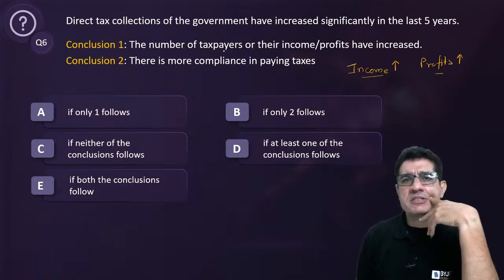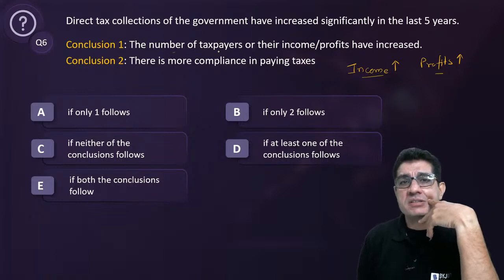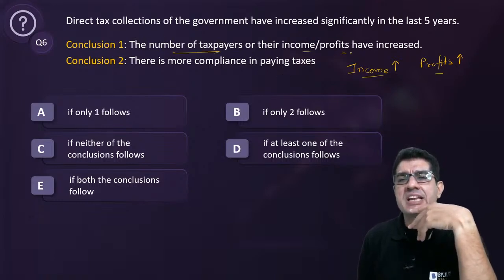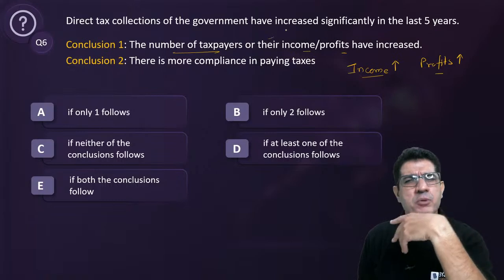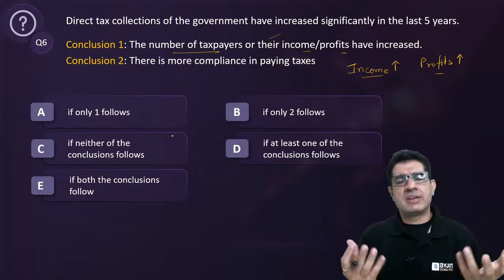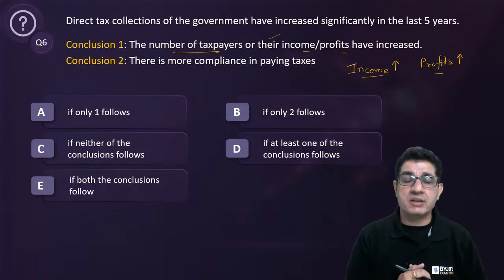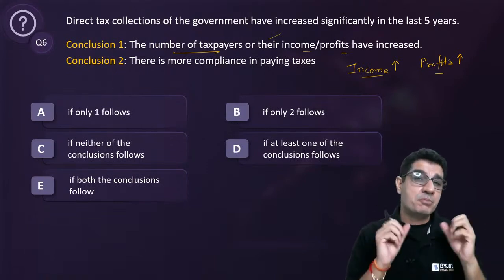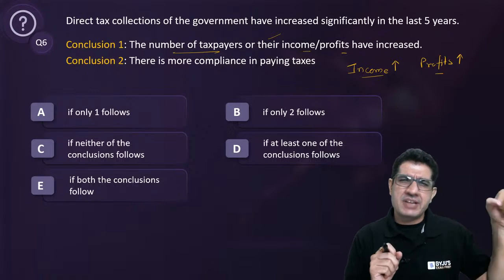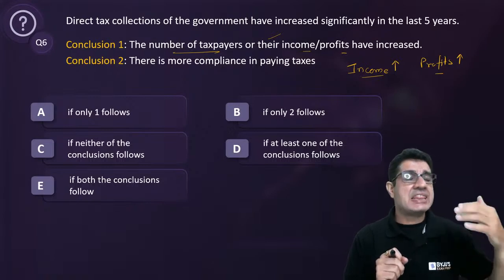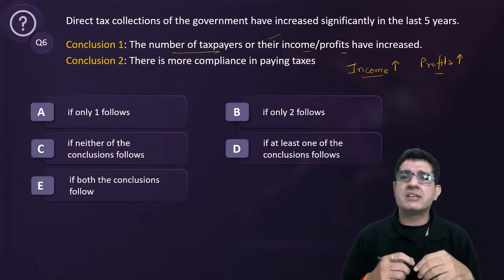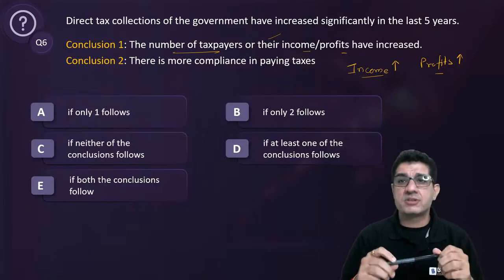So if I look at first, the number of taxpayers or their income or profits have increased. Yeah, possible. So let us say that there were only 1,000 people who were earning earlier. Now there are 1,200 people who earn. So the number of taxpayers has increased, and that can lead to obviously an increase in the direct tax collection.